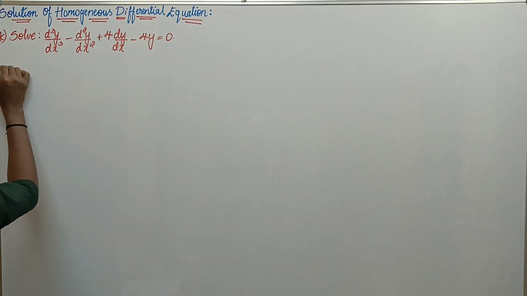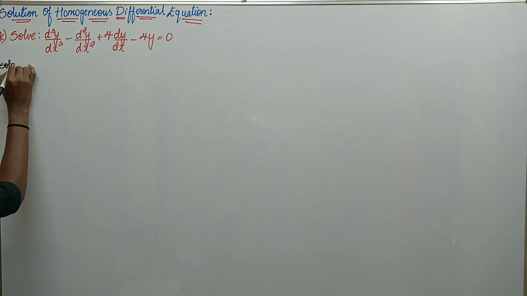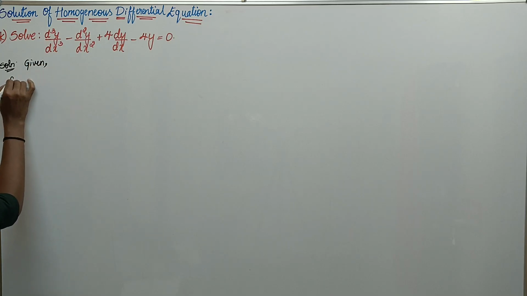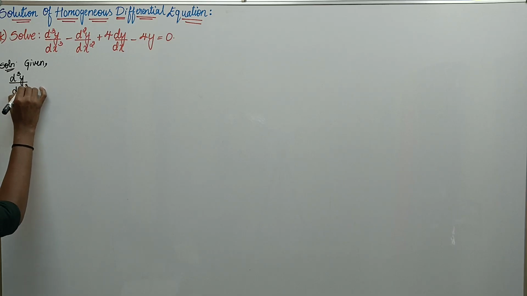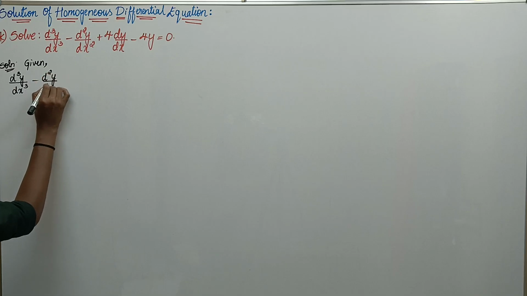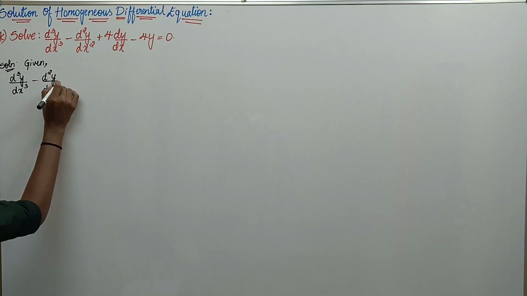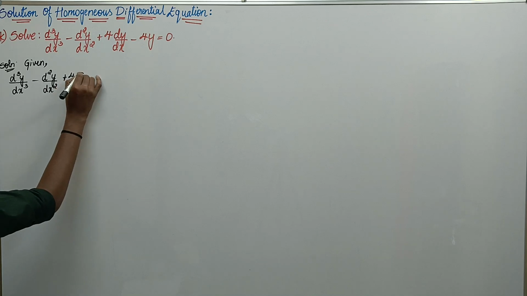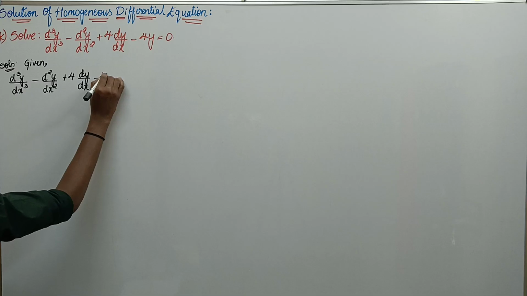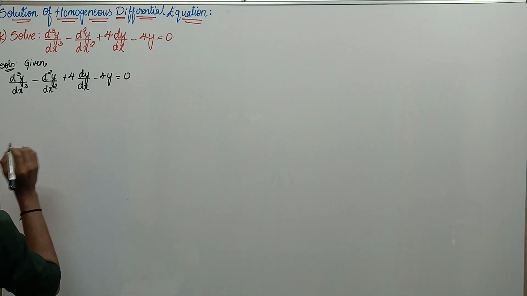First, let us represent the given equation. Given d cube y by dx cube minus d square y by dx square plus 4 dy by dx minus 4y equal to 0.